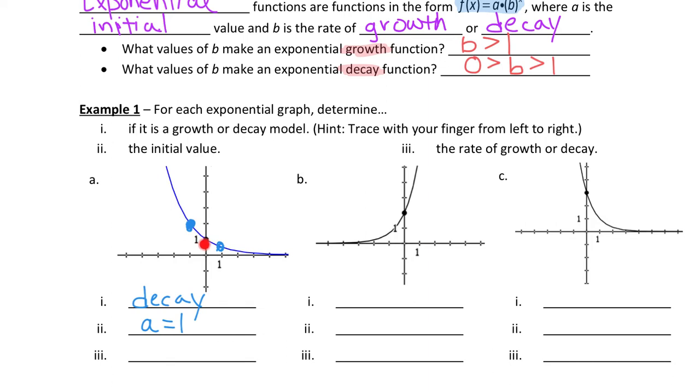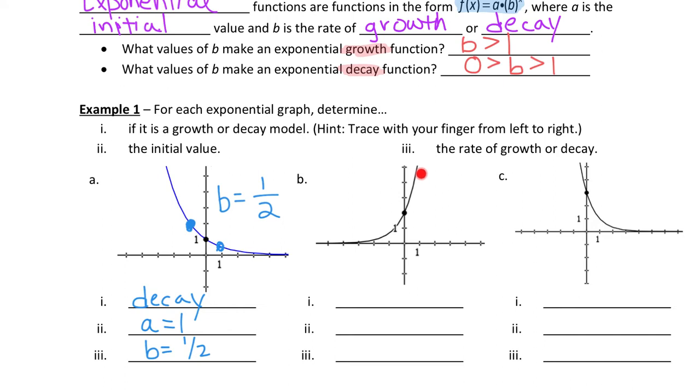Since it is decay, remember, it should be some number between 0 and 1. So if I took this number here, which was 1, and divided it by the previous y value, which looks like it's 2, my b, my rate of growth or decay, is 1/2. This b value is going to be the same as our common ratio that we found in geometric sequences. So we can see that this graph is halving. It's going down by 1/2 for each number.